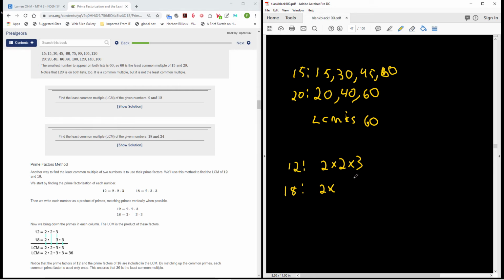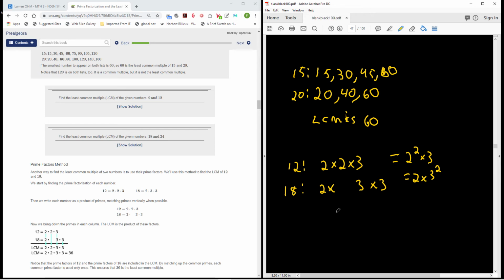So 2 times 3 times 3. This will be the greatest occurrence of 2's in any one factorization times the greatest occurrence of 3's in any one factorization. So here I have 2 squared times 3, and here I have 2 times 3 squared.